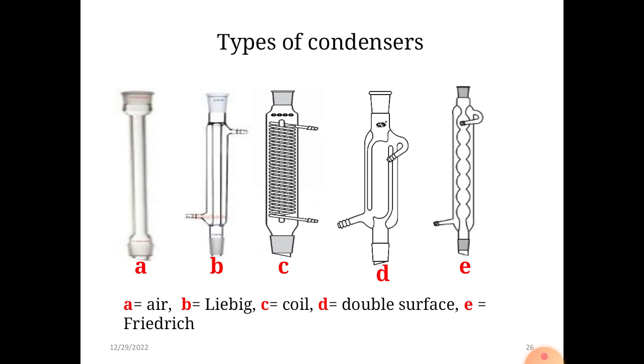Generally here acetone has a boiling point of 56, methanol 65 degrees centigrade, ethanol 78, benzene 80, and many others like hexane and cyclohexane have boiling points in that same range. The role of the condenser is to condense vapors into liquid, and for that purpose these are used.